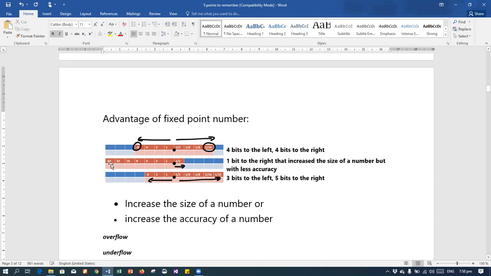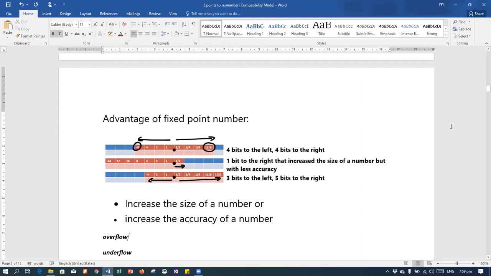An overflow situation is when all the vacant bits that are given are filled, and we still have more numbers to be stored. For example, if we have an 8-bit number and we have to store 9 to 10 bits at the same time, that situation is called overflow, in which we actually ignore the initial 2 extra bits.